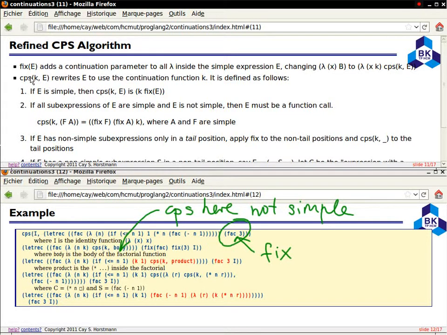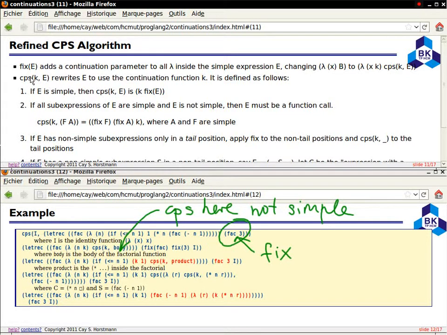Okay. I agree with that. But lambda can have, oh, it's not in the tail position.